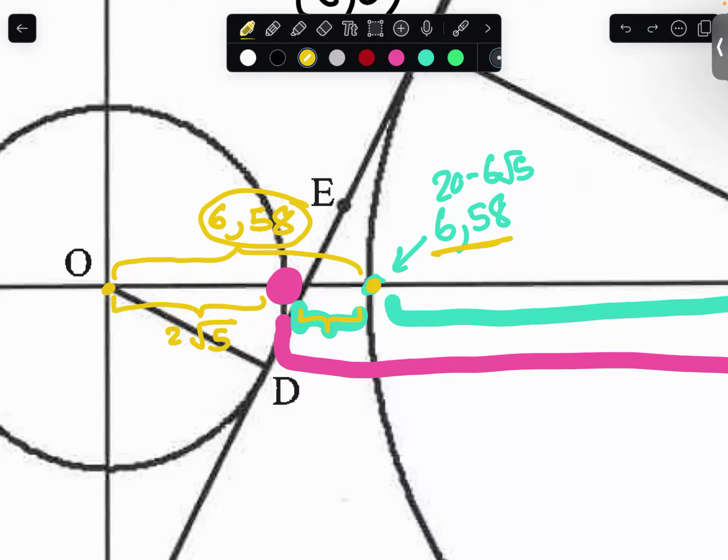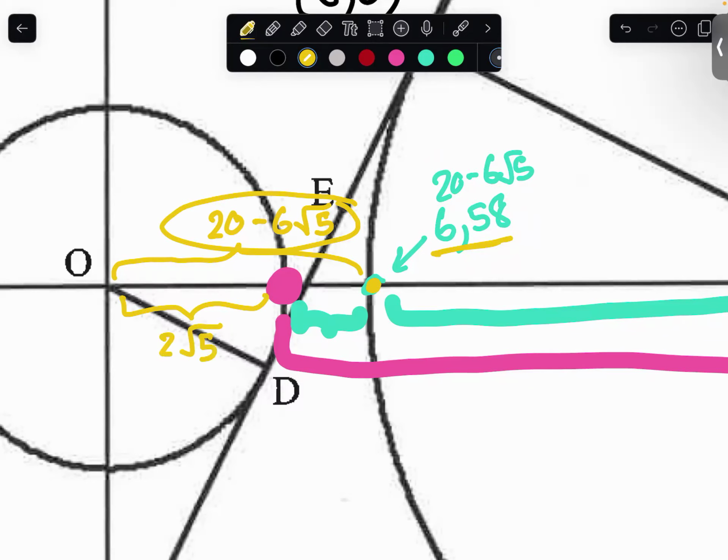So I'm first going to calculate that part, right? I don't want to call it 6.58. I want to call it 20 minus 6 root 5 because I need the most accurate answer, and surd form is going to give me the most accurate answer. So instead of using this, I'm using this. But again, keep in mind, it's the same thing. So it's this distance minus 2 root 5 to give me this distance. So let's call this M, right?